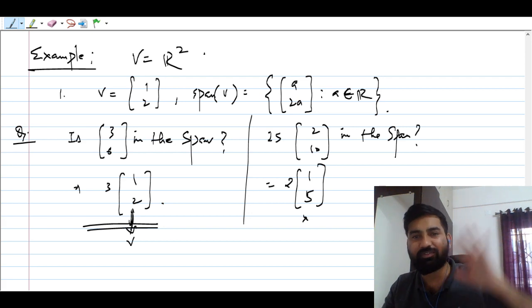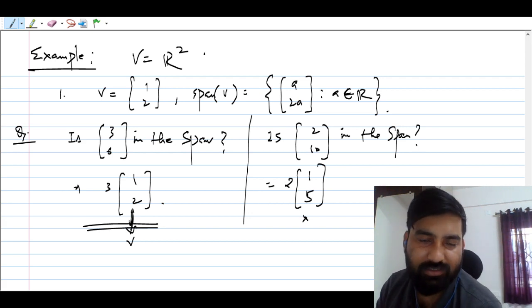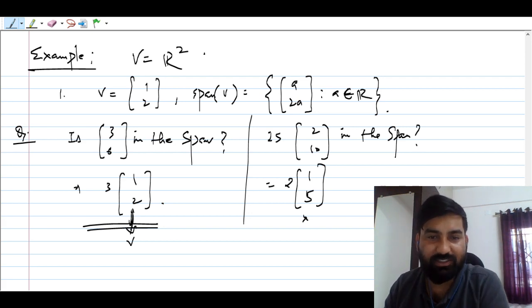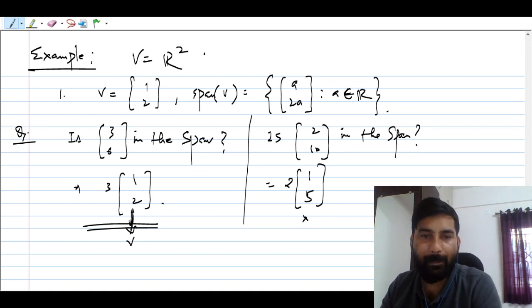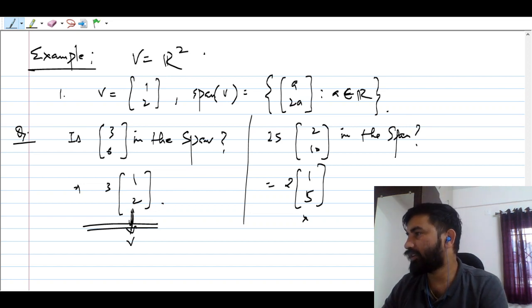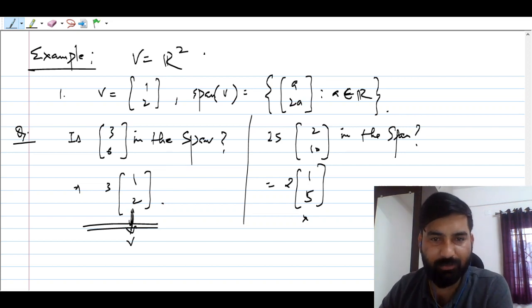Okay, this is some other vector, guys. Please remember this. So this is not in the span. That you have to remember all these points. ठीक है. Okay, so these points are important to understand. ये questions आप कर सकते हो. समझ आया क्या, बताओ.